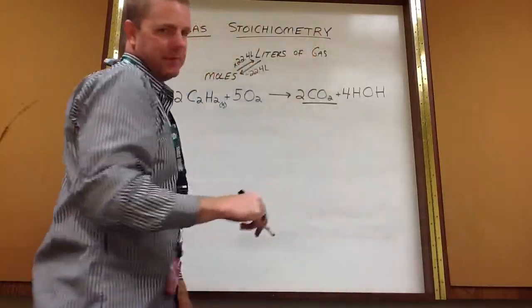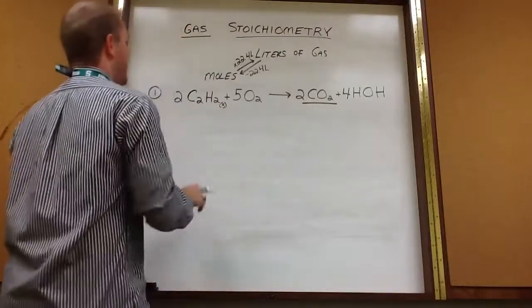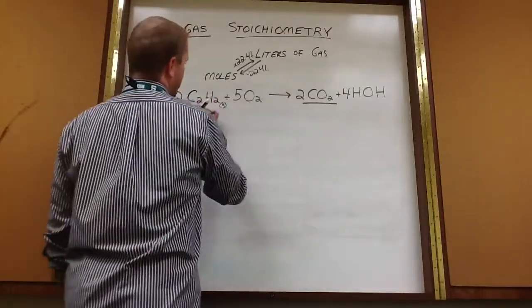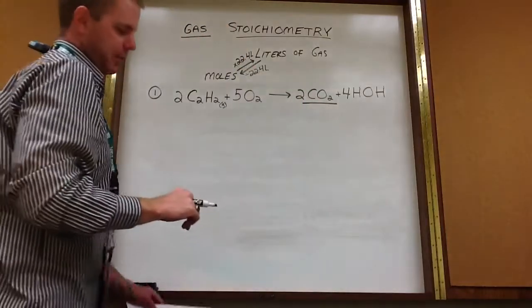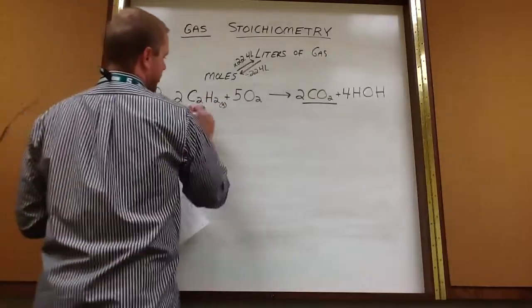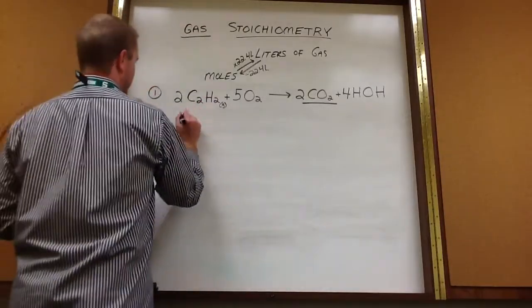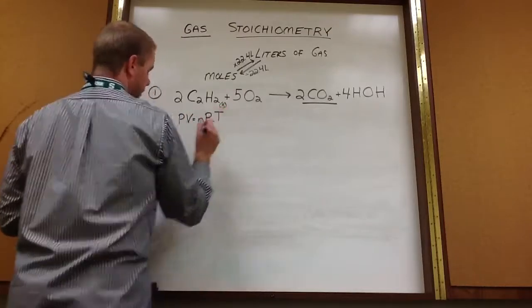That's why it's stoichiometry. And that's what should tip you off: if I ask you one thing, or give you one thing, and ask you another, and they're gases, then it becomes a gas stoichiometry problem. So, the plan for acetylene is as follows. PV equals nRT.